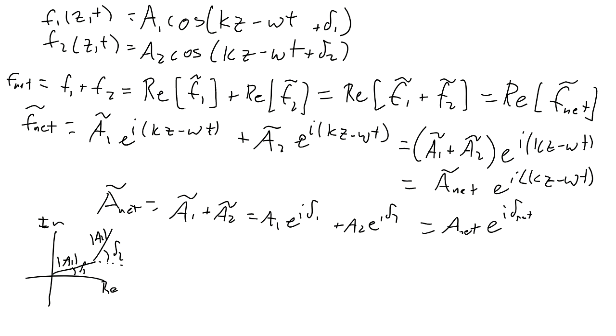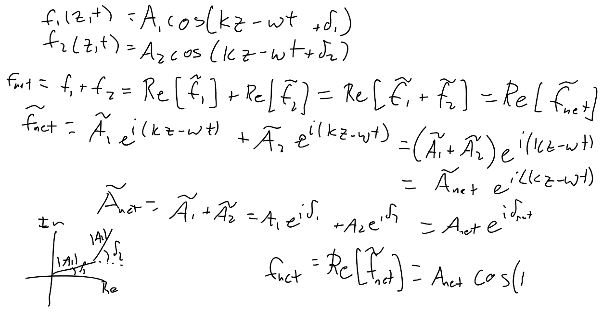And then in the end, after all this, our net function is going to be the real part of the complex net function right there. And so after all that, it's just my A net times cosine of kz minus omega t plus delta net. Right?